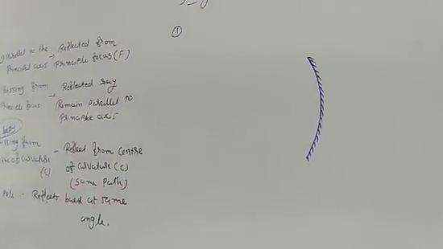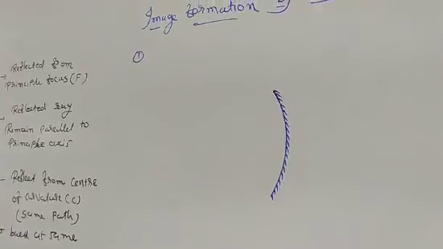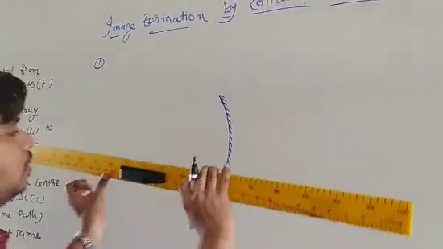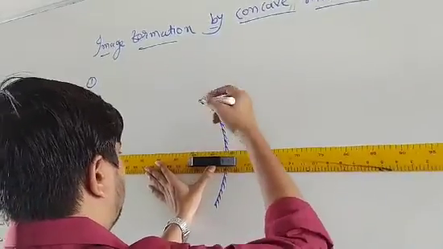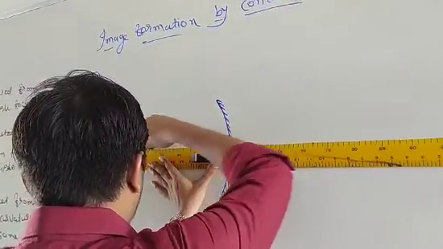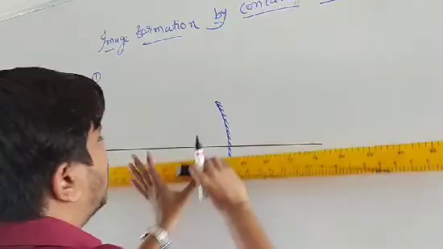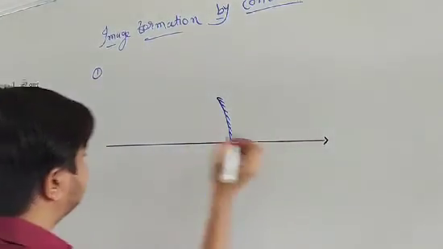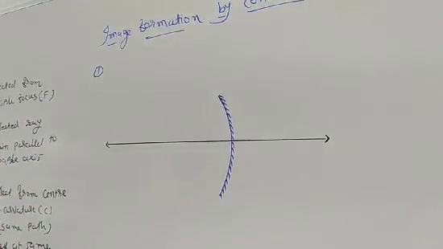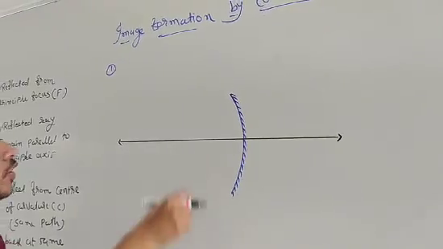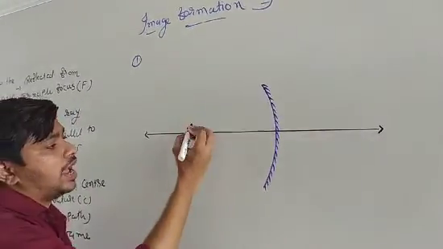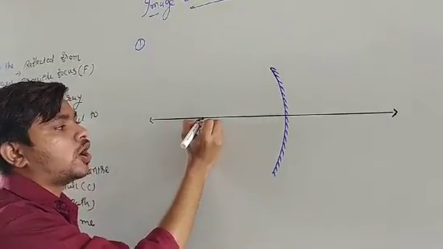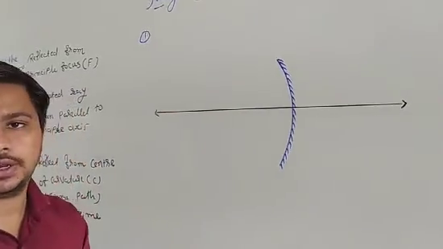Now we have to draw a principal axis. You have to draw this principal axis passing through the center of the circle, at the point where you have put it, right? You have to draw a line passing through that point, okay?